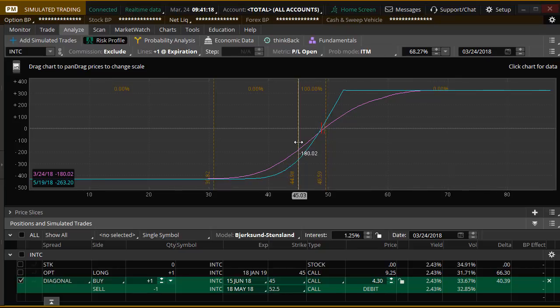Okay, not the full 430. We're going to lose $180 if it moves down there today or quickly. If we held it all the way through expiration, which is the blue line, we're going to lose $263. Just a little more than half of what we originally put into the trade. The reason is because we collected a premium on the position.